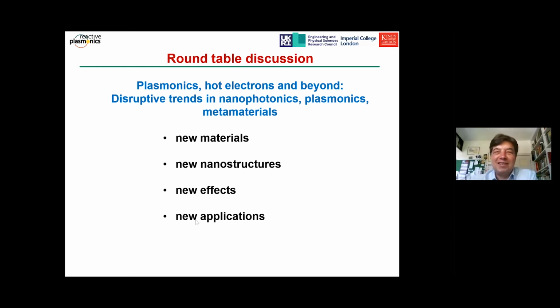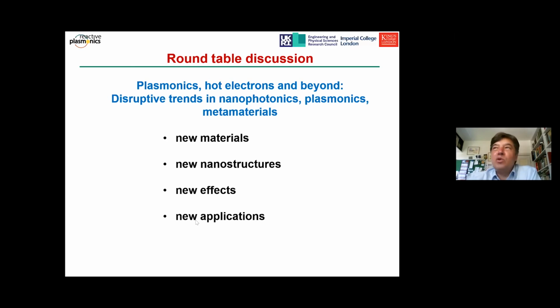Well, this question just highlights problems that all enabling technologies have. There is no one answer to this question, because depending on the application, you need different types of materials, different structures, and so on.